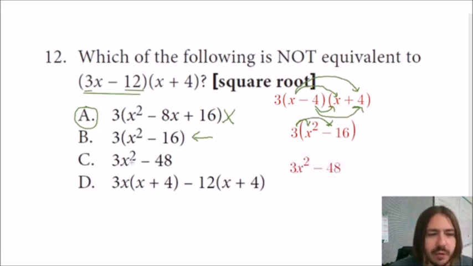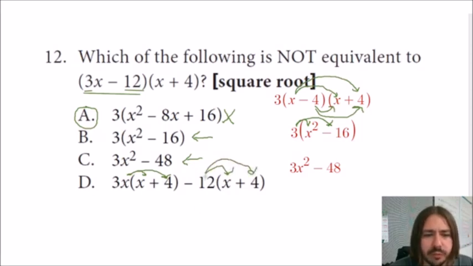So we can say, okay, C is also equivalent. These are the same as the original expression. D is probably going to be easier to work from the answer choice back and distribute the 3x and the negative 12, rather than trying to figure out how they came up with this expression.